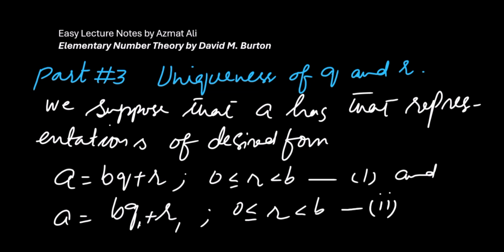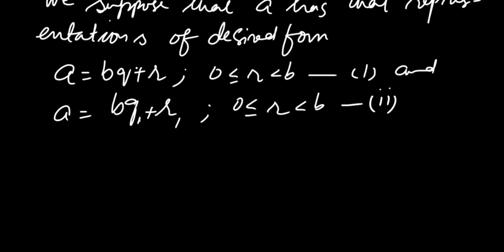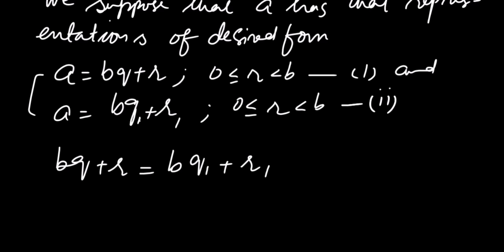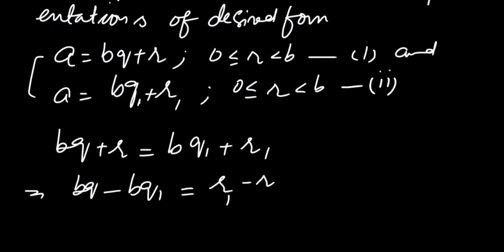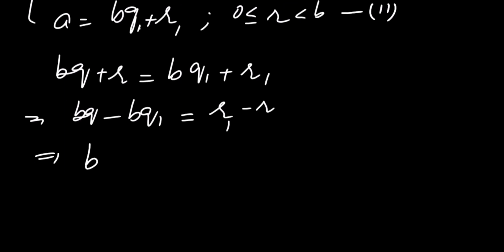As both are representations of A, by equating both values of A, we have BQ plus R is equal to B into Q1 plus R1. We can write this expression as BQ minus B times Q1 is equal to R1 minus R. By taking B common, we have B times Q minus Q1 equals R1 minus R. We do not know which quotient, either Q or Q1, is bigger.